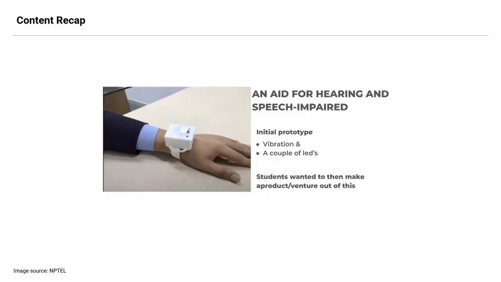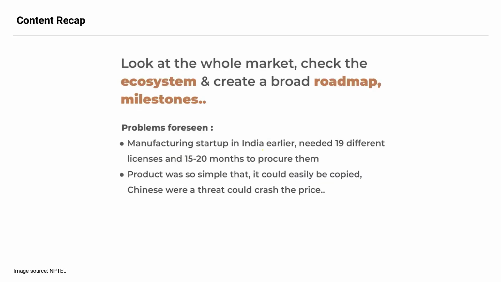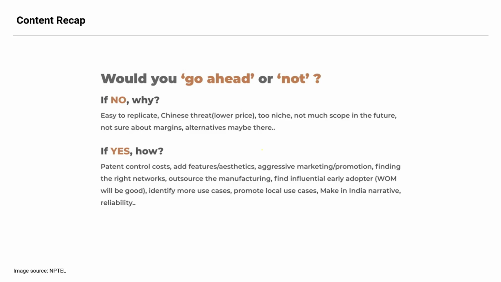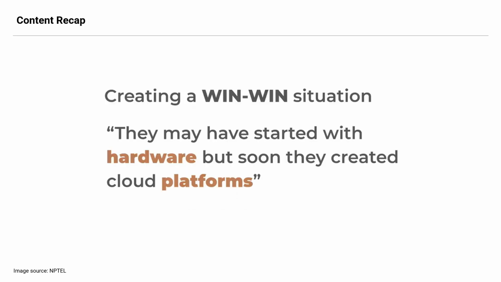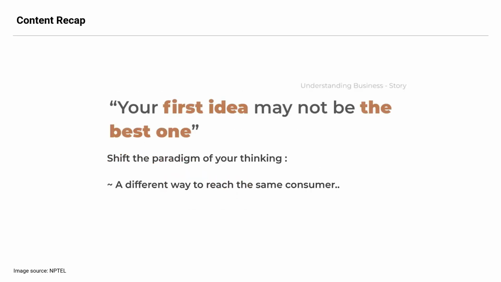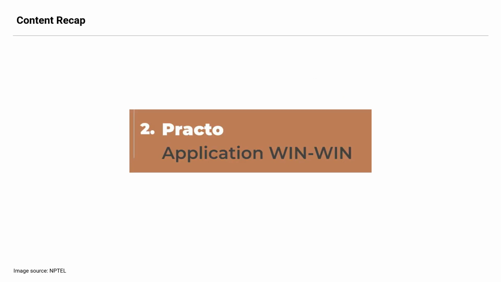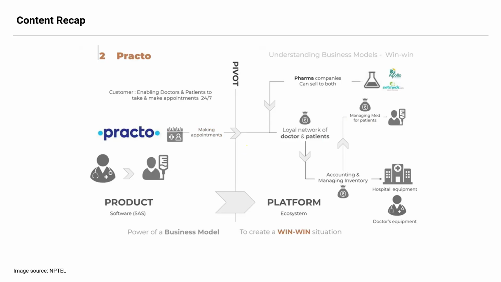The first question, if you refer to it, was about an aid for the hearing and speech impaired. They pivoted their offering and came up with a cloud-based platform. And then he's giving more examples of other business models.